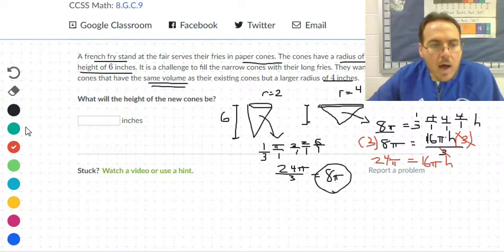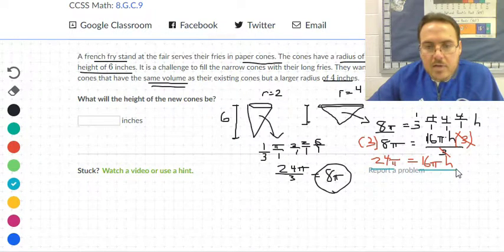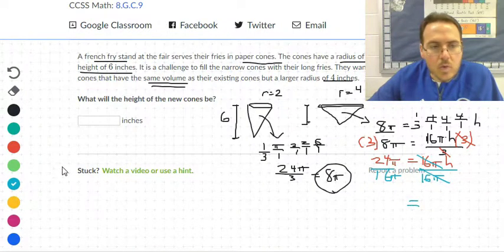And now I will choose a different color. I will divide both sides by 16 pi to get h by itself. That goes away, that goes away. So we will be left with just the height.